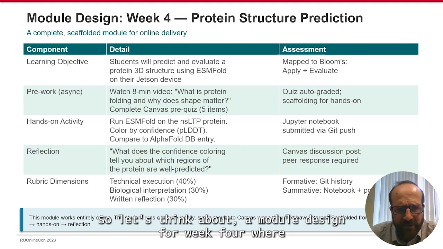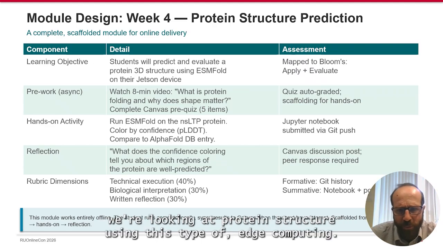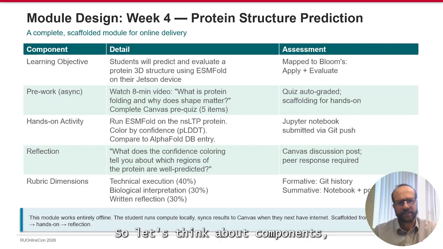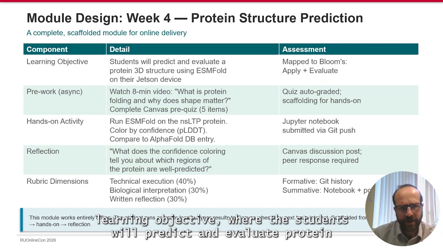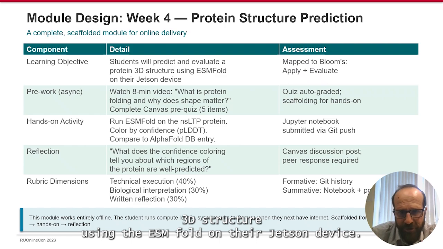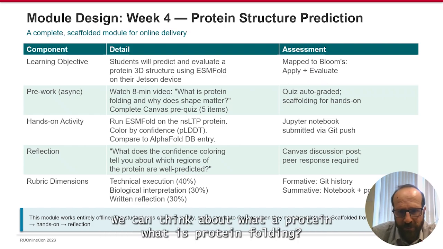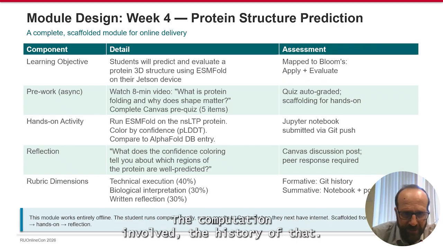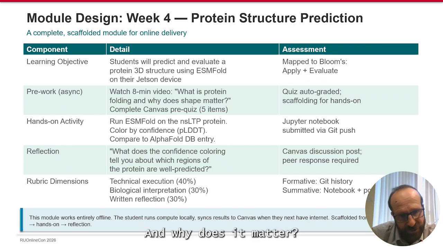So let's think about a module design for week 4, where we're looking at protein structure using this type of edge computing. So let's think about components. A learning objective where the students will predict and evaluate protein 3D structure using ESMFold on their Jetson device. The pre-work, we can think about what is protein folding, the computation involved, the history of that, and why does shape matter?